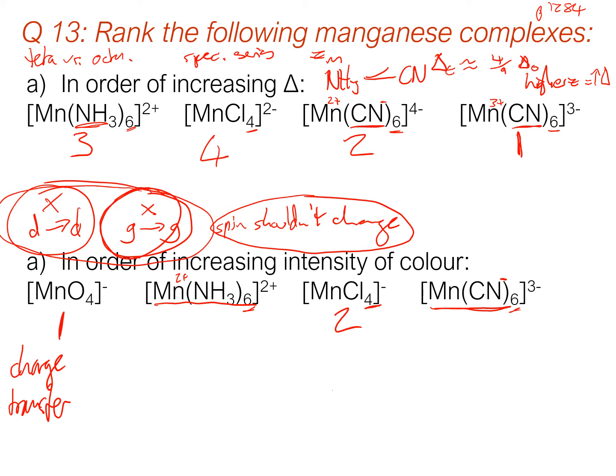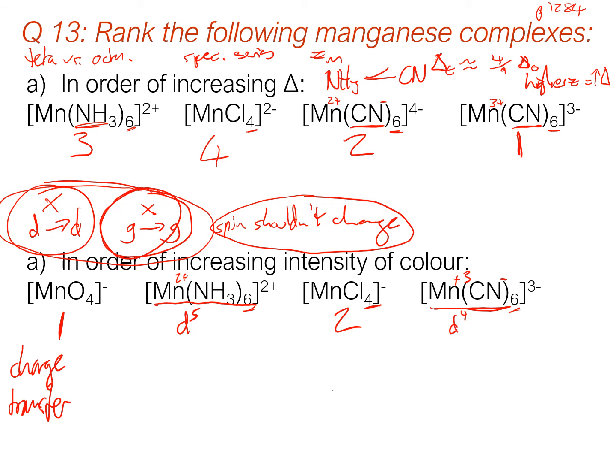It's 3 minus 6, so this will be manganese in the +3 oxidation state, or a 3+ cation. This obviously changes the electronic configuration of the manganese. So manganese in its +2 oxidation state, or manganese 2+, is a d5 metal, and manganese 3+ is a d4.